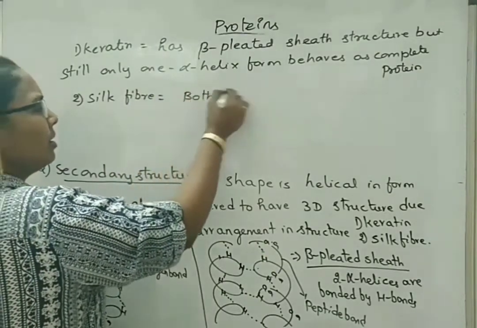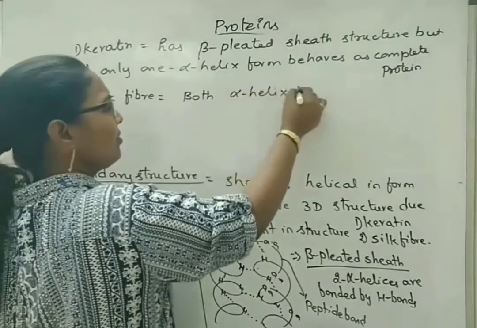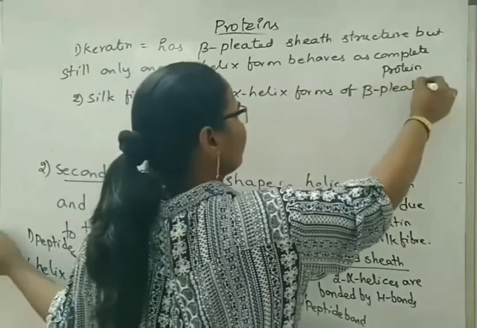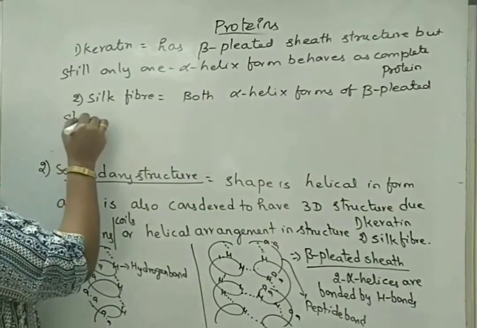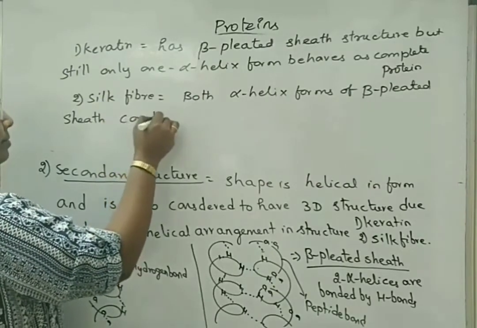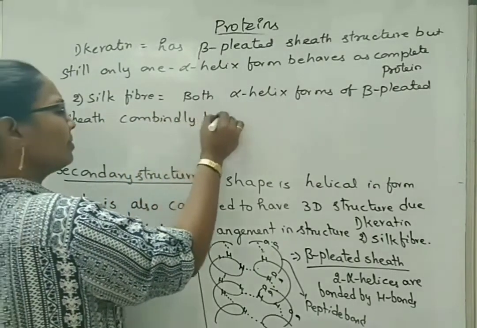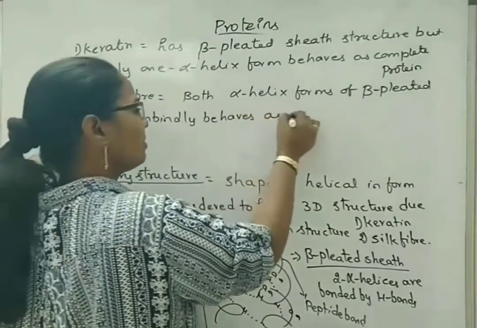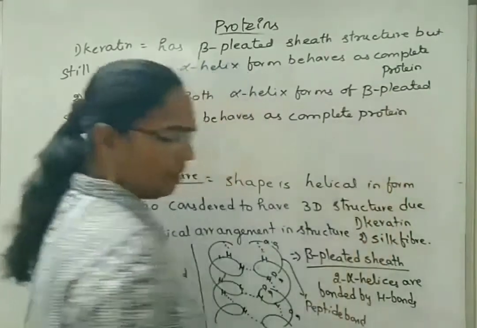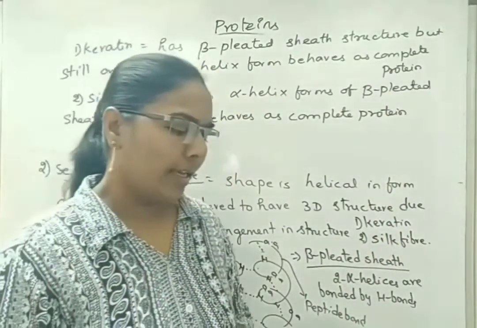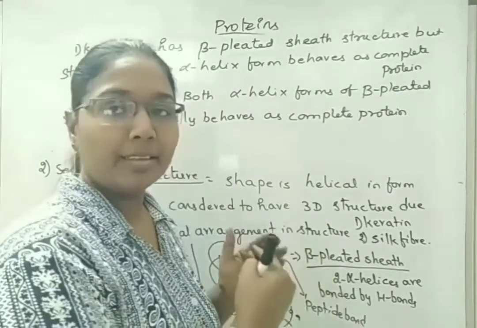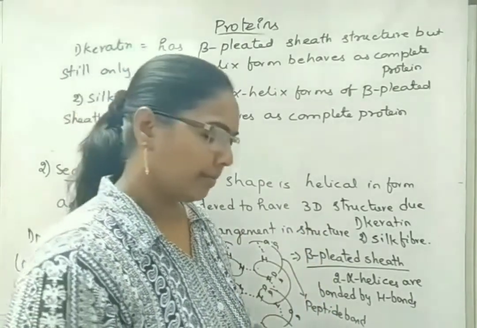Both alpha helix forms of the beta-pleated sheet combinedly behave as a complete protein. Now we can also say that the secondary structure of the protein gives us one complete 3D arrangement.